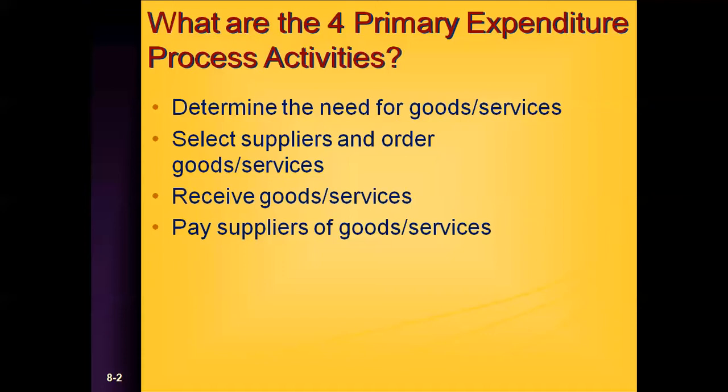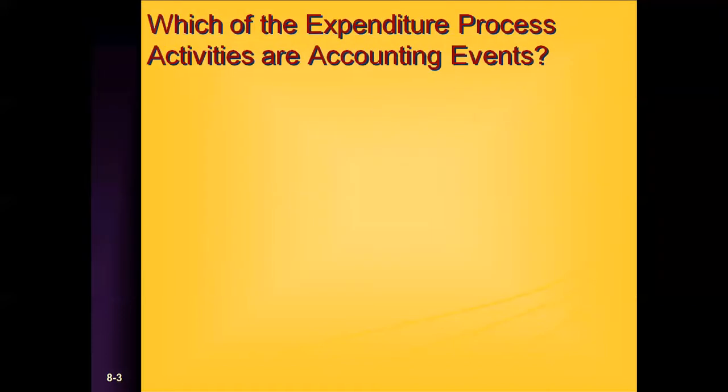Now, think about this for a while. We've talked about different types of activities, and certain types of expenditure process activities actually trigger accounting events. The first that does trigger an accounting event is the receiving of goods and services.